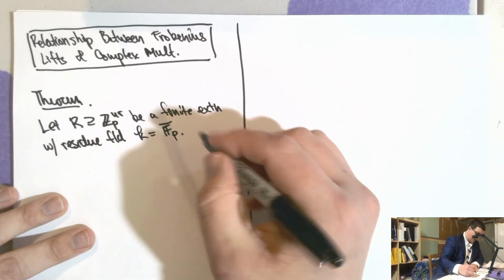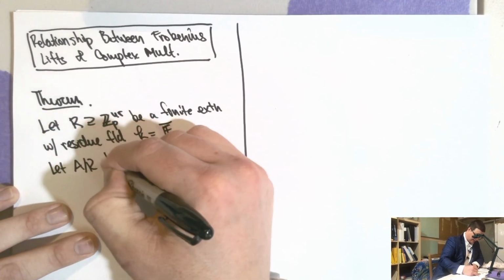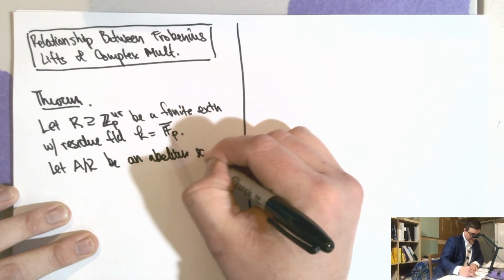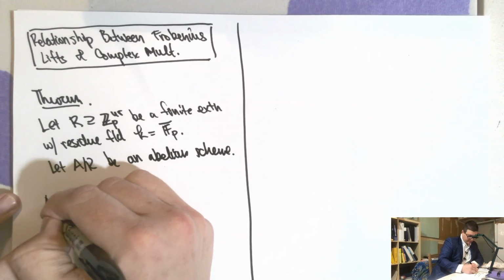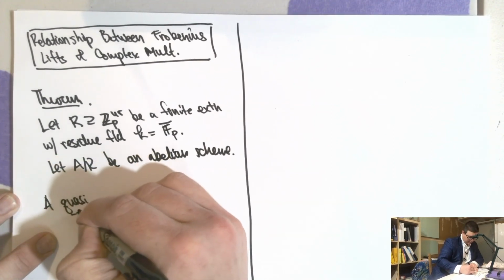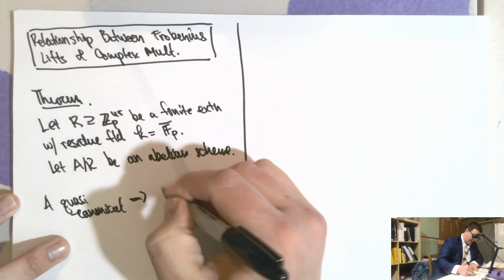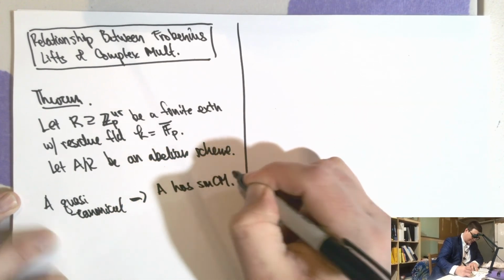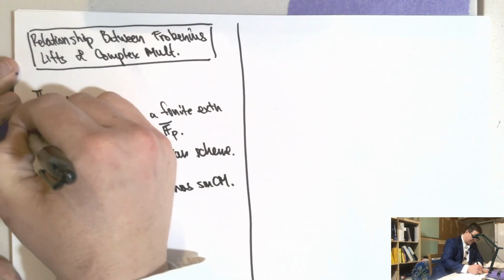Okay? And let A over R be an abelian scheme. So if A is quasi-canonical, this implies A has sufficiently many complex multiplications. Okay, so this is the first part.